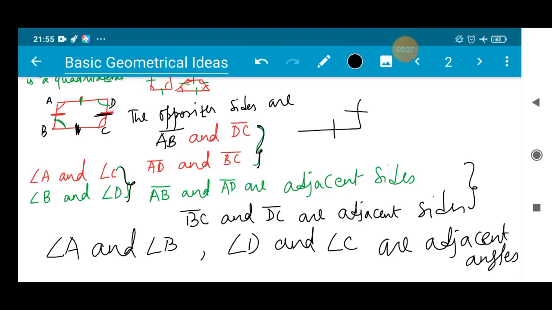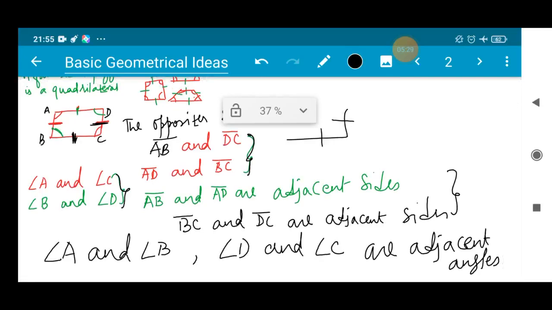Okay, so these are the things you need to remember: adjacent angles, adjacent sides, opposite sides, opposite angles. All right, so I hope you understood the basic facts about a quadrilateral.